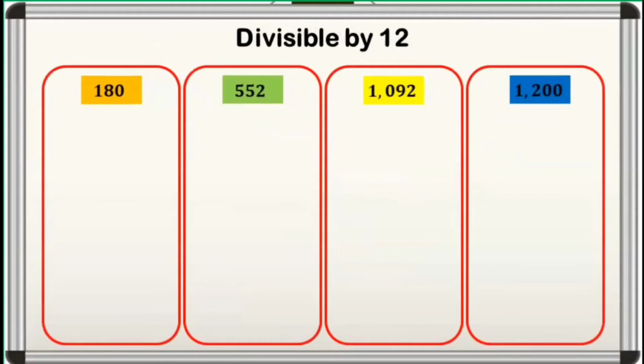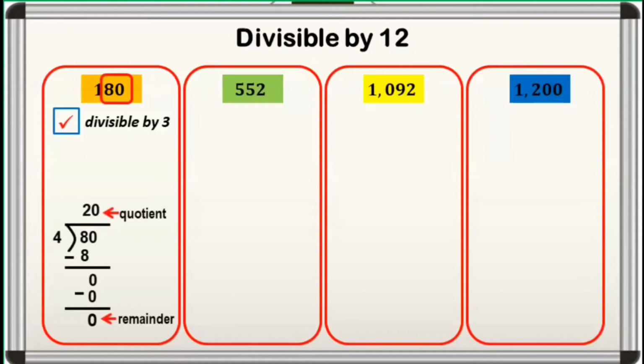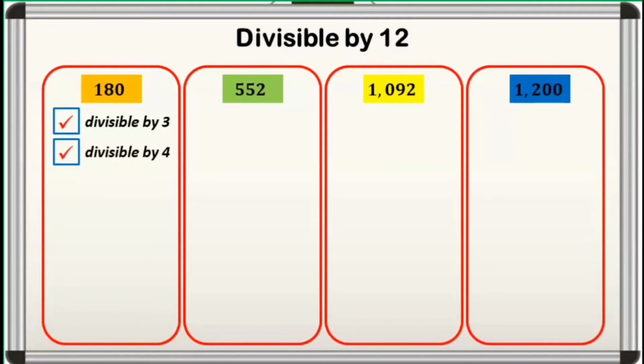For the number 180, the sum of its digits is 9. So, the given number must be divisible by 3. Also, the number formed by its last two digits is 80, and it is obviously divisible by 4. So, the given number must also be divisible by 4.